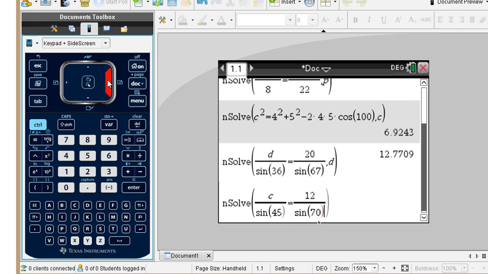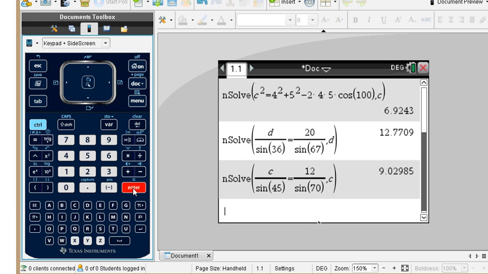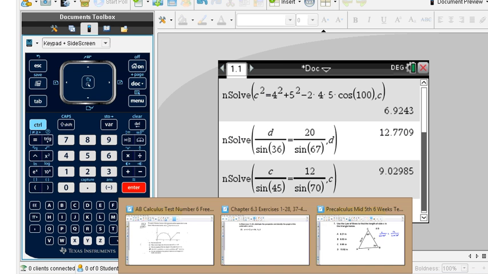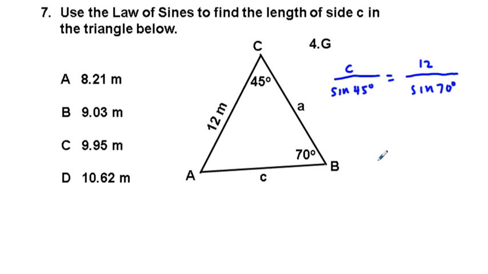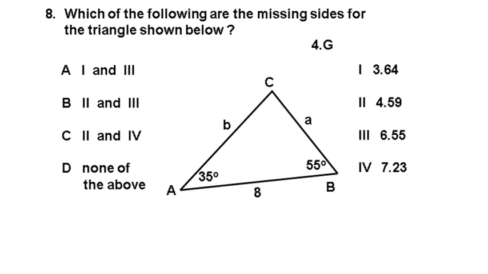And we're going to go here to the right and press comma C, enter. We get 9.03 roughly. So C is 9.03 meters, I guess that is. That's answer choice B.